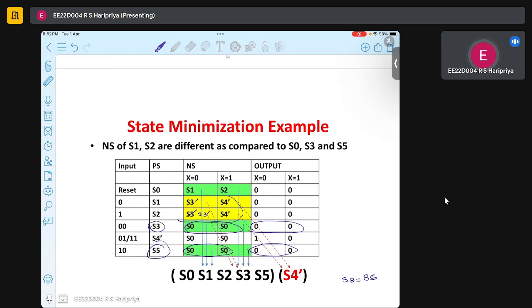So these two are also equivalent. That means S1 is equivalent to S2. That means I can replace this with S1 dash and this with S1 dash.